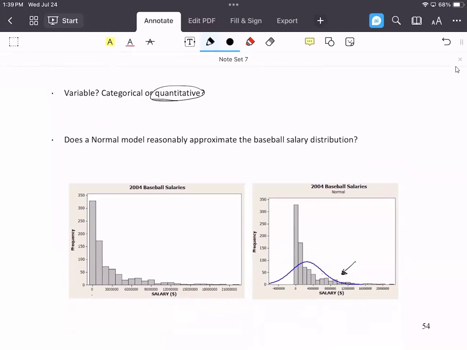Does this look like a good approximation of this data? And you're like, yeah, maybe, probably not. It looks more like something like this, and that definitely does not look like a nice, smooth, bell-shaped curve.